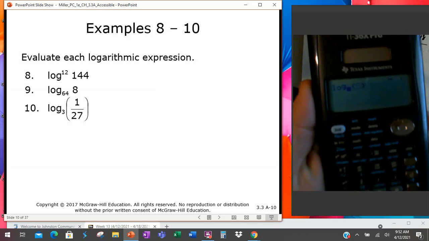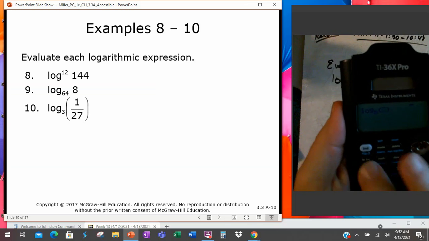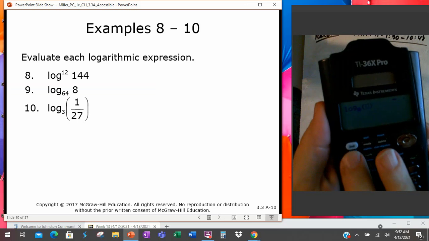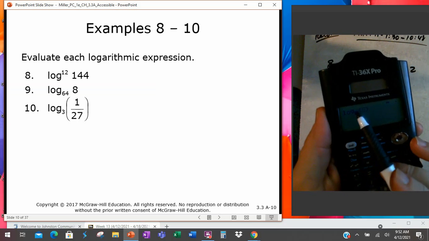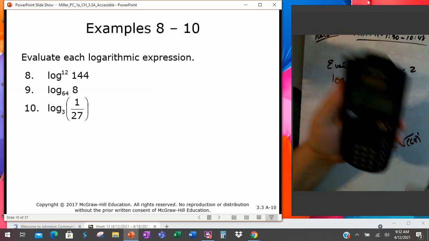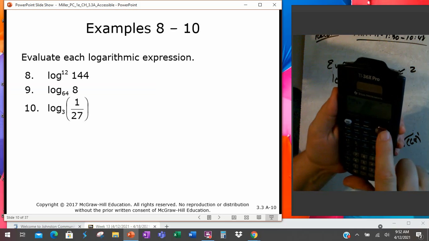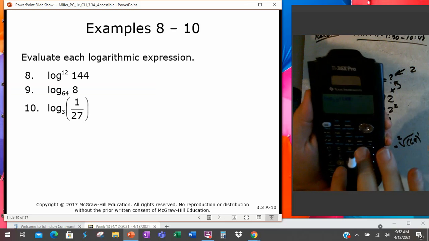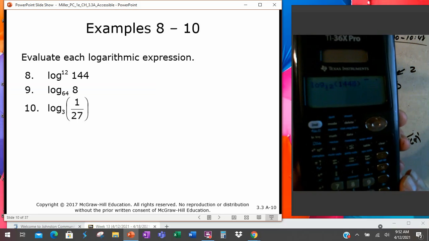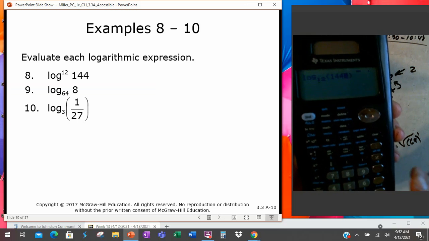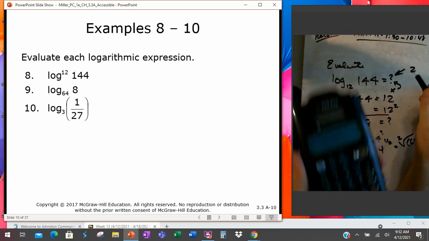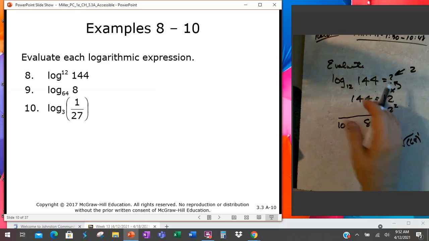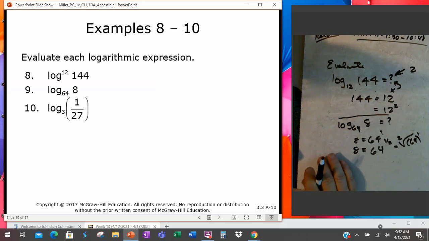For this one, I enter 12 as the base and 144. So I don't just have to guess, I can use my calculator. Then I hit enter, and that's the 2 that we got by working backwards, based on inverses.